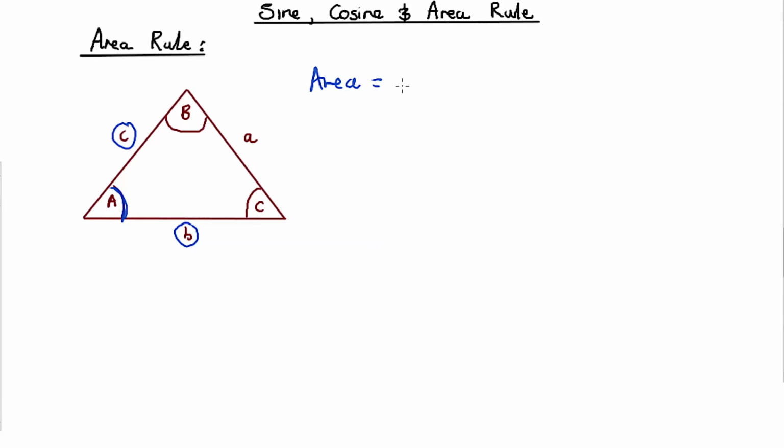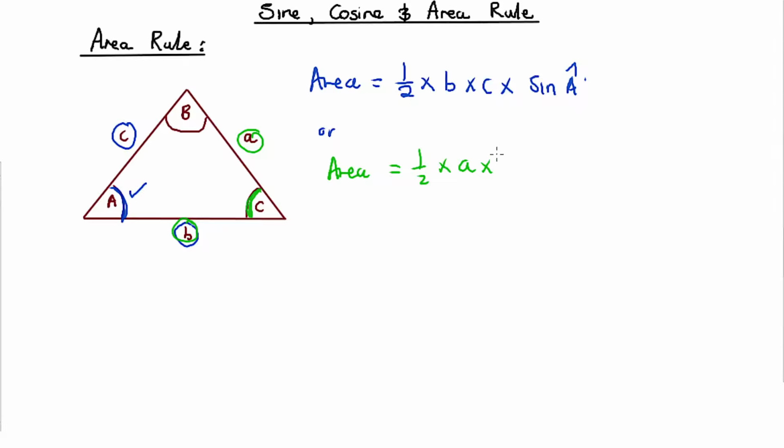Using the area rule, the area is going to be half multiplied by B multiplied by C multiplied by the sine of the given angle A. Or say there's an instance where you are given C. So the area is going to be calculated as half of this side, which is A, multiplied by this side, which is B, multiplied by the sine of the given angle, which is C.